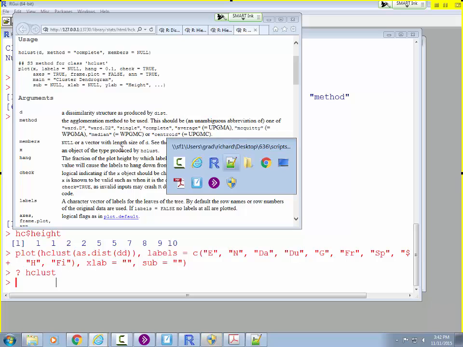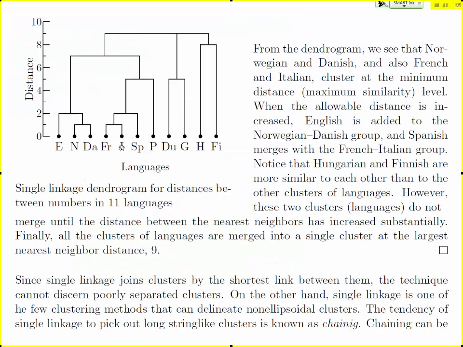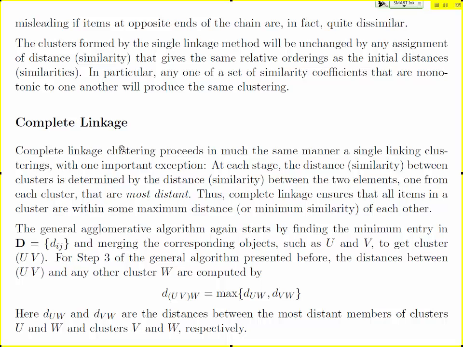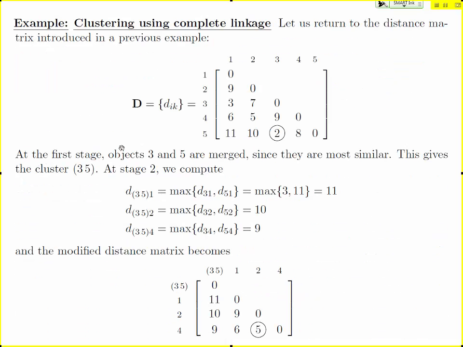So let me go back to the slides and just say, here's the picture for single linkage. Complete linkage is the same algorithm. It's just that we define inter-cluster distances differently. They're now the maximum pairwise distances. And it results in a slightly different result from the algorithm because some of the calculations are different.